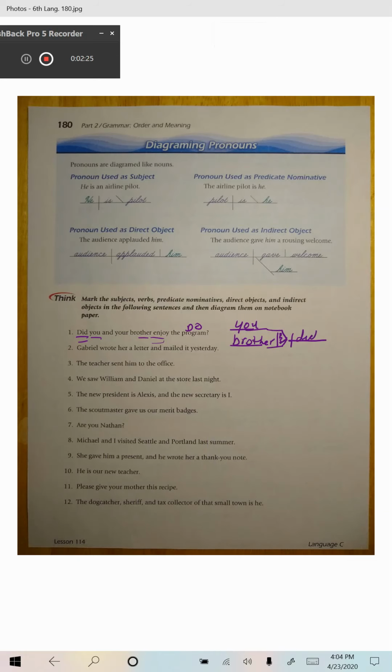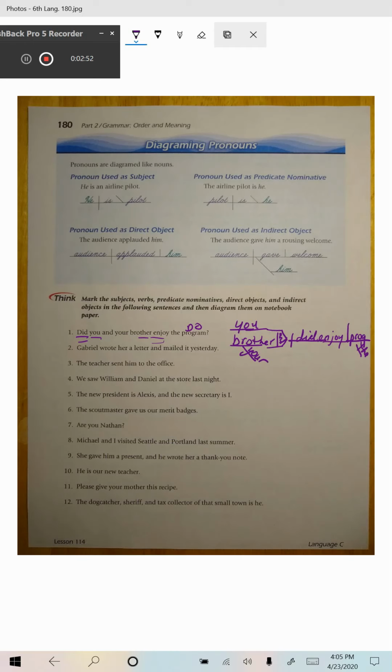Did enjoy. Direct object has a straight up and down, and I'm going to run out of room, but you would write program right here. All right, the extra things if you wanted to diagram them, your is describing whose brother, and the.